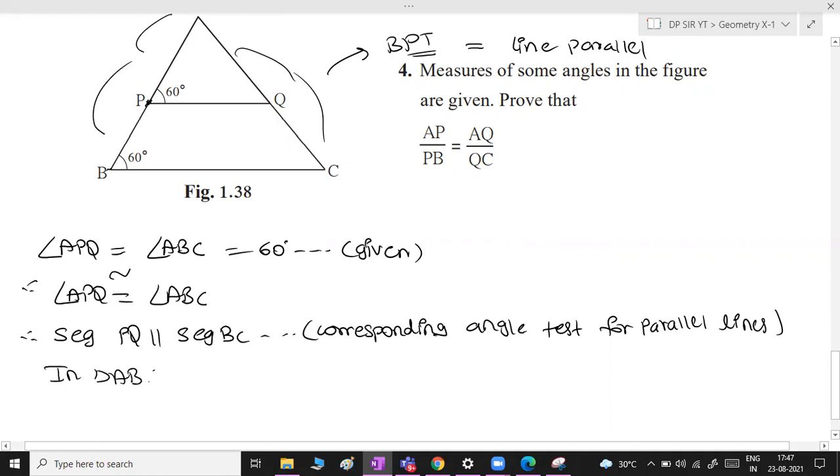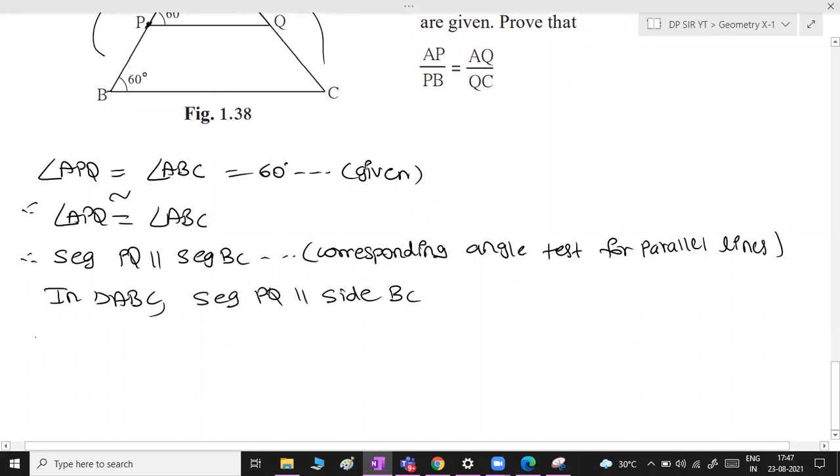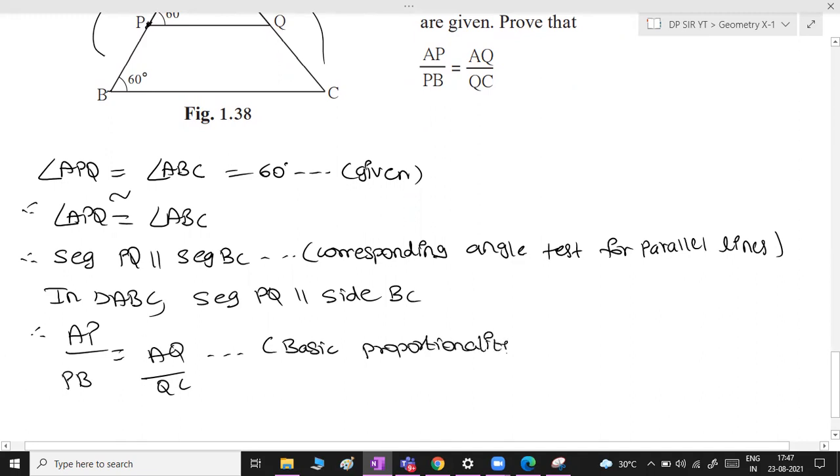So in triangle ABC, you can just mention that seg PQ is parallel to line BC या side BC, whatever you write, and you are going to get AP upon PB is equal to AQ upon QC using basic proportionality theorem.